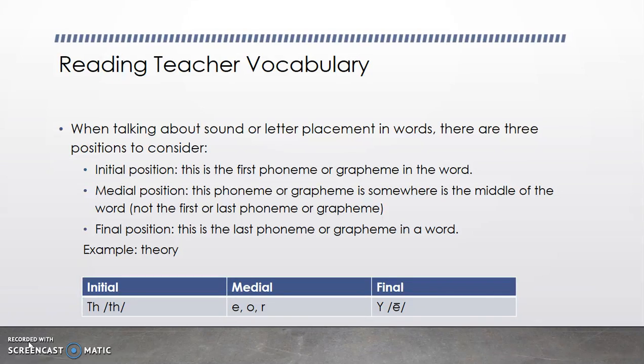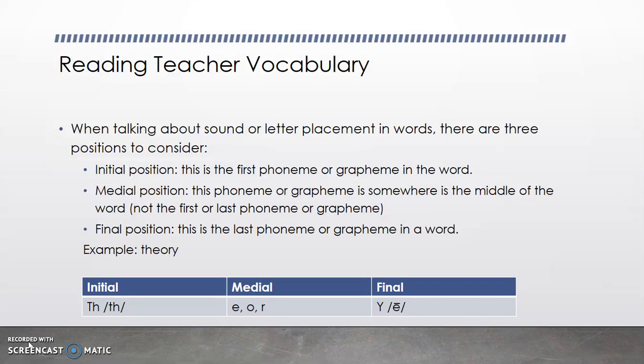The medial position is any phonemes or graphemes that are somewhere in the middle of the word. They're not the first, they're not the last. So in the word theory, we have three letters in the medial position, E, O, and R, as well as then, of course, more than one sound. So th is the initial, E, O, R. So three sounds.